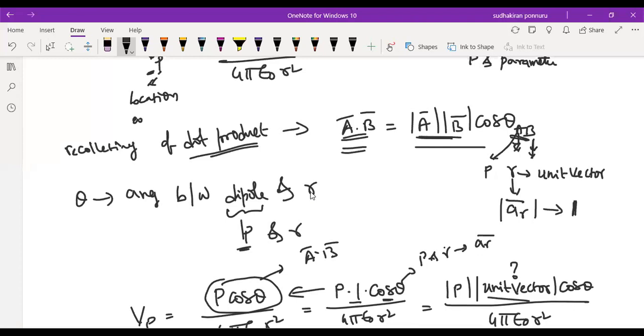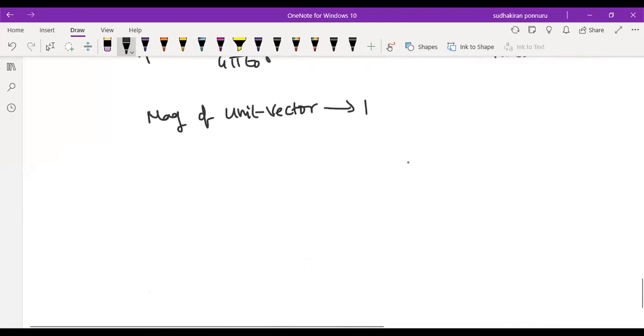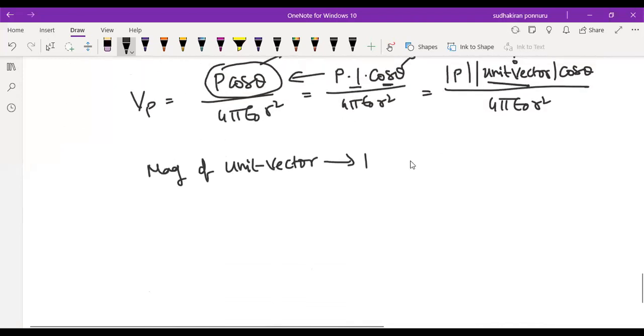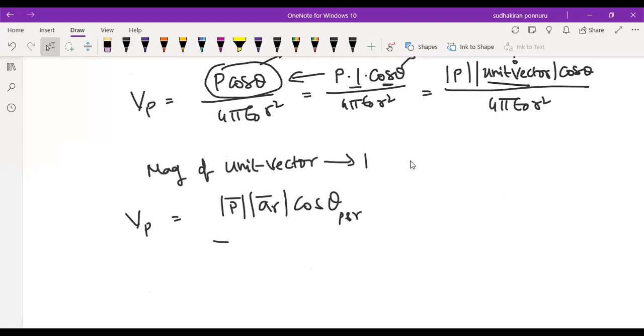So in place of the unit vector, I can write A R bar. Therefore Vp is equal to modulus of P bar, modulus of A R bar, cos theta, which is the angle between P and R, whole divided by 4 pi epsilon naught R square. Now I can rewrite this expression by using the A bar dot B bar formula.